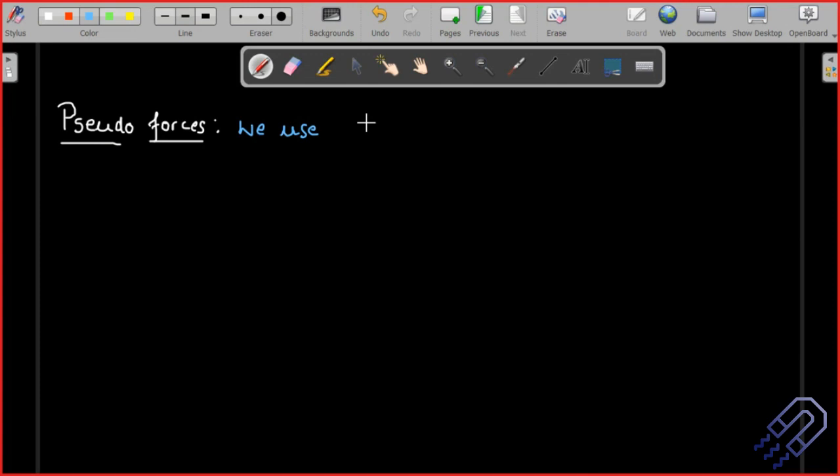If you don't have a force or an acceleration, we cannot write down an equation of motion. So this inertial force is a pseudo force, which is considered in order to have a mathematical approach to such a system.